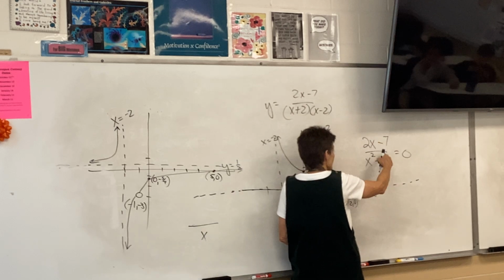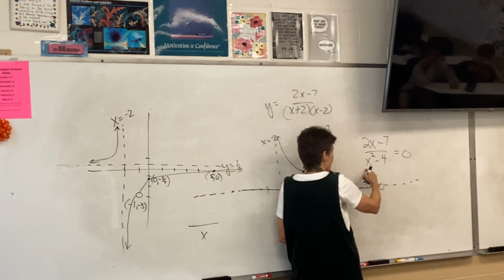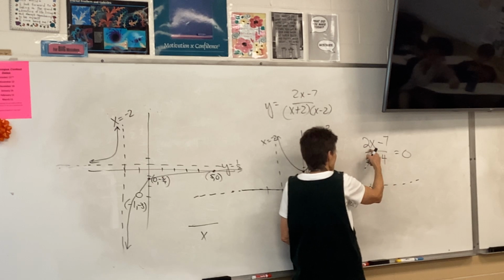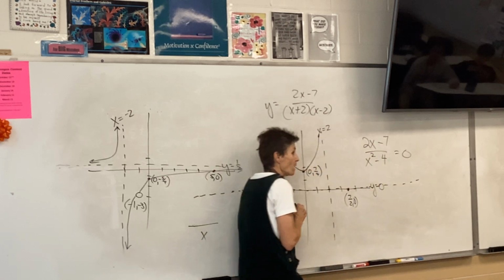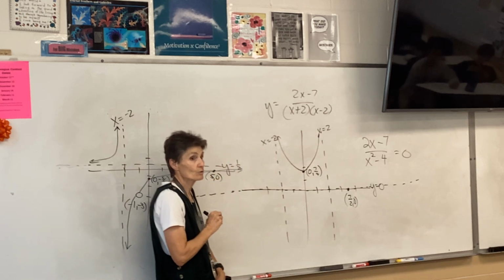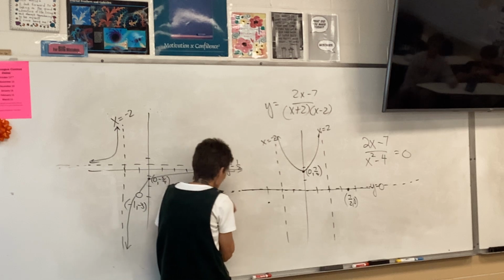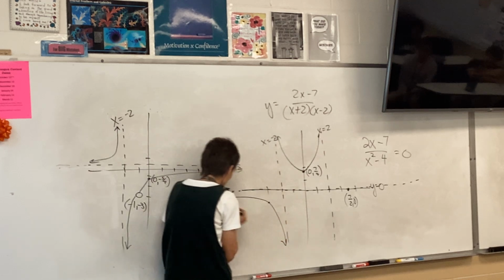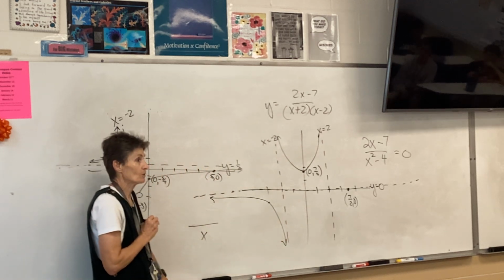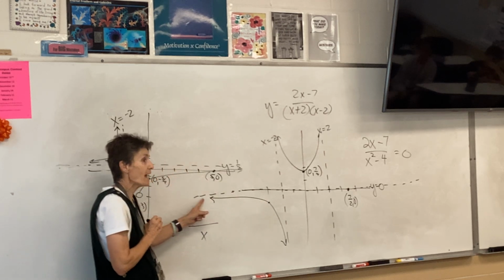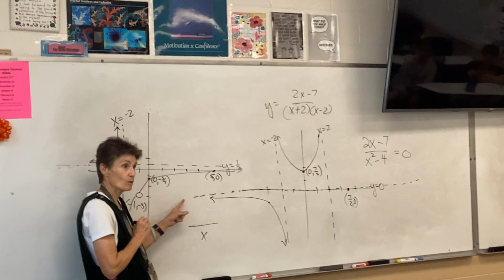Does my answer turn out positive or negative if I put -3 into my fraction? Turns out negative. So if I put in -3, I get a negative. Doesn't that kind of mean that that's what my picture's going to look like? Remember, it's going to approach its asymptotes as it goes off the page.